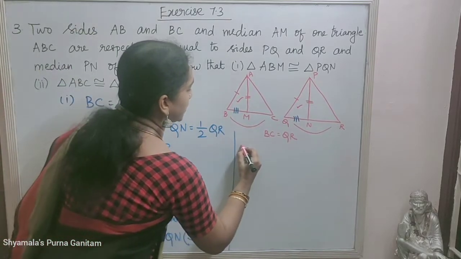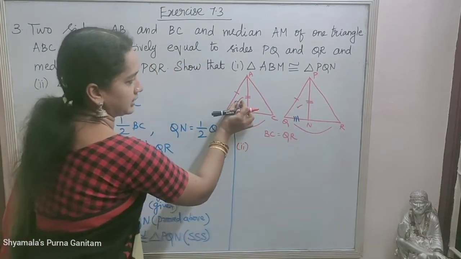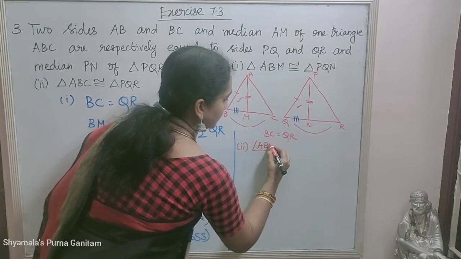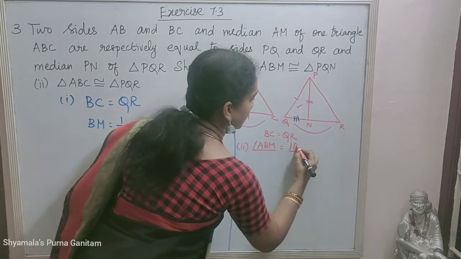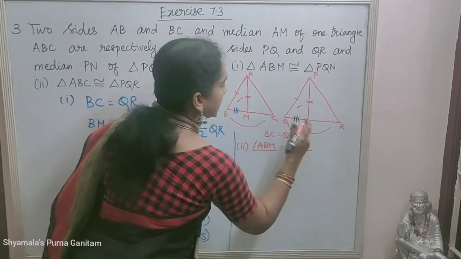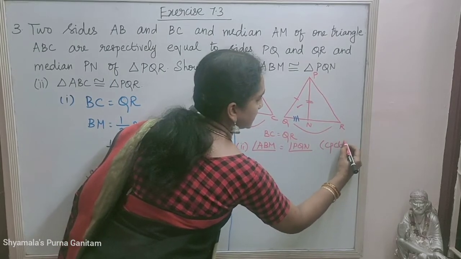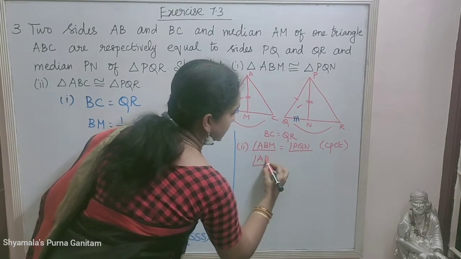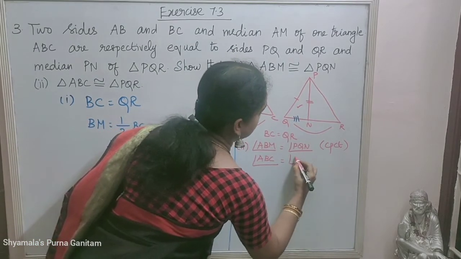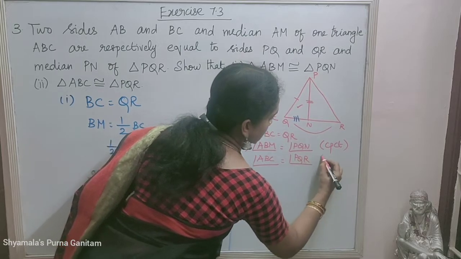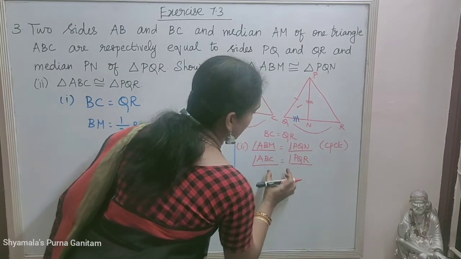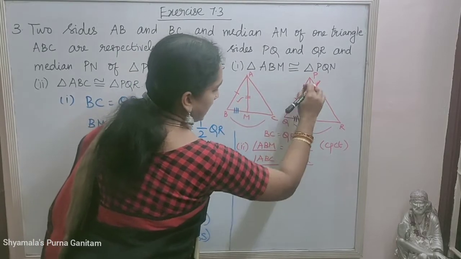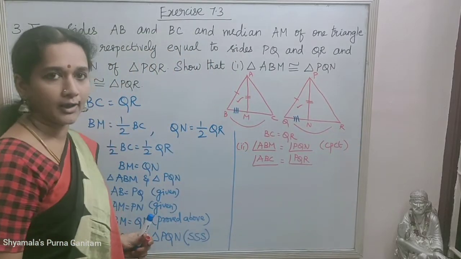So since we have proved the congruency of the previous one, that is the smaller triangle, we can say that angle ABM is equal to angle PQN. These two angles are equal by CPCT. So you can write the same thing as angle ABC is equal to angle PQR, from the above.